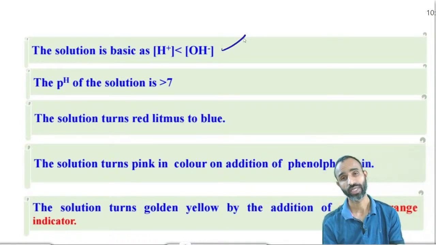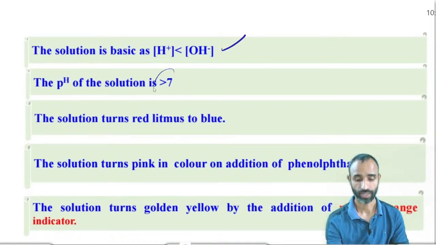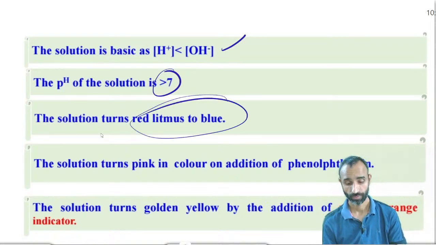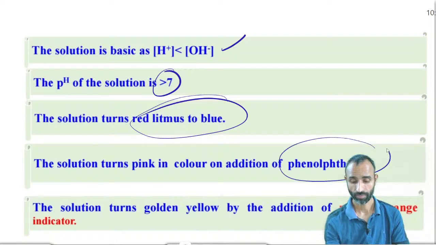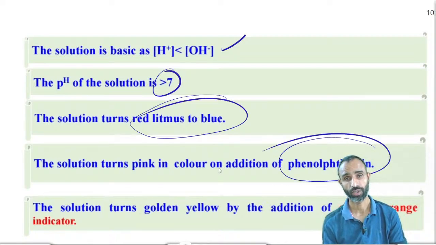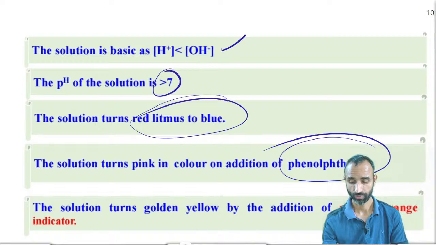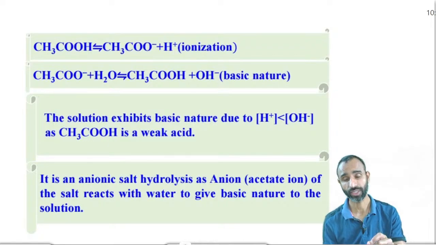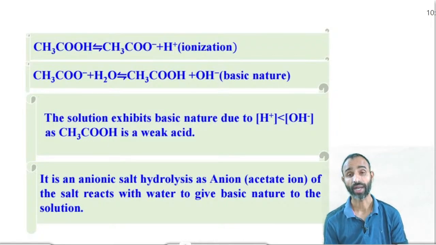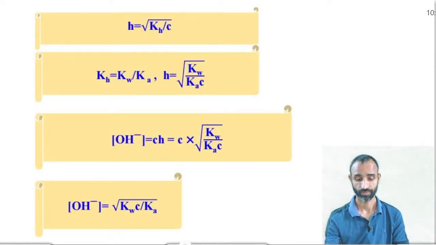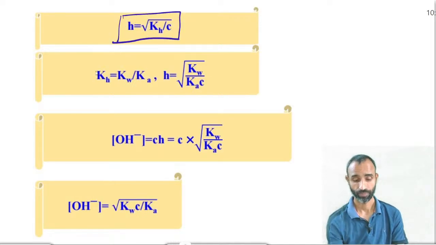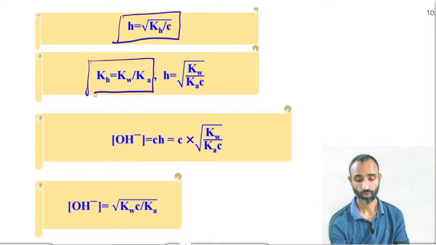Here OH- ions are more, pH is greater than 7, it turns red litmus to blue. Again same color combination of phenolphthalein and methyl orange, and here the anion part undergoes hydrolysis, and therefore it is called anionic hydrolysis. Again h is square root of Kh upon C, Kh equal to Kw upon Ka.